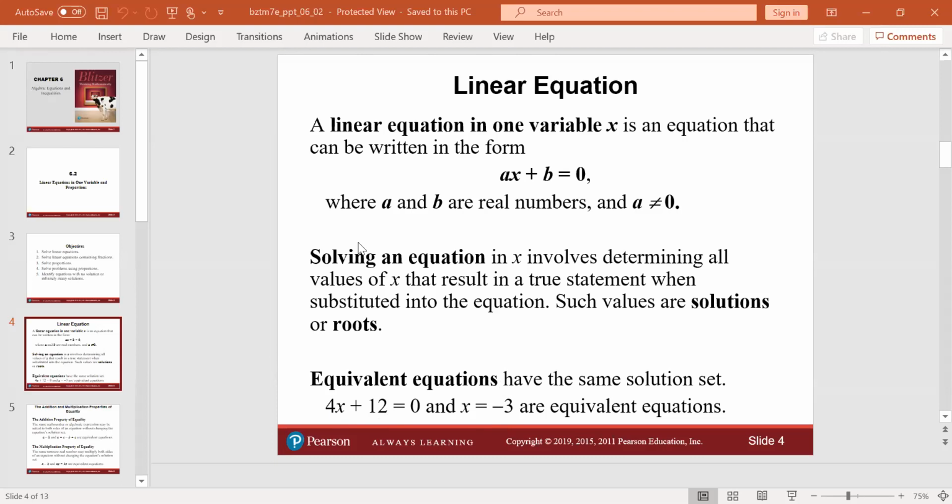So one thing we can look at then is, take a linear equation. Let's take 4x minus 100 equals 0.